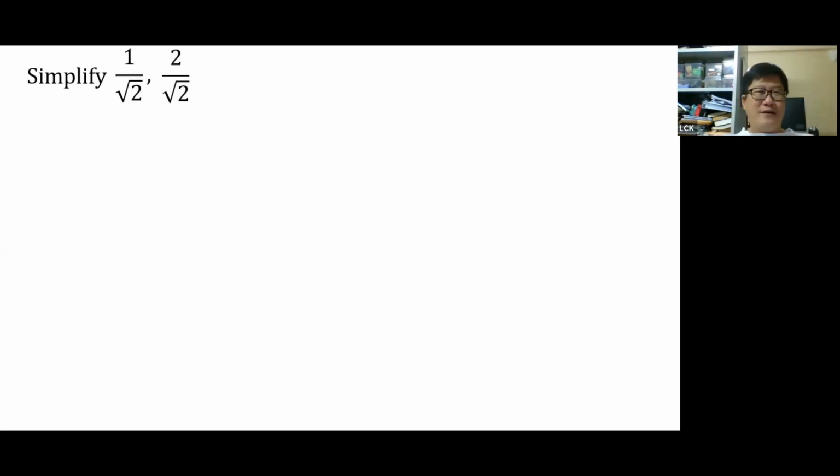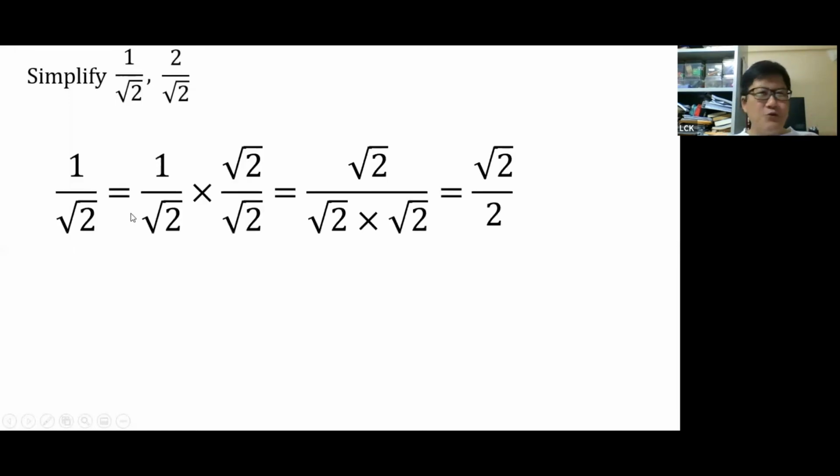What in the world is that? So when we say simplify 1 over square root 2, we mean let's manipulate this in such a manner that the denominator is a proper number, not a surd.